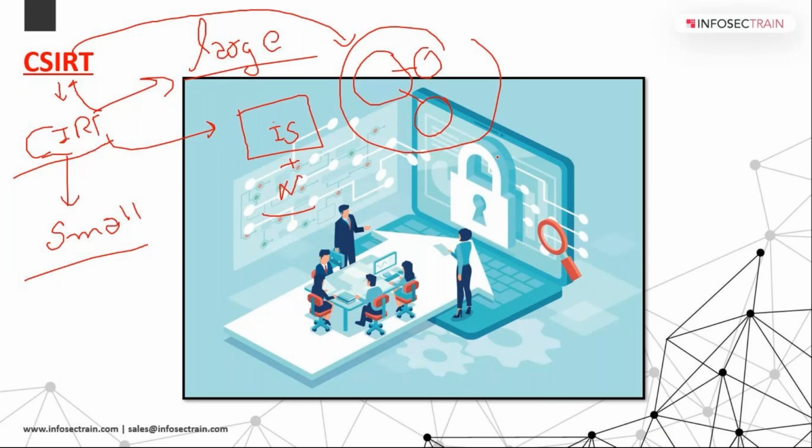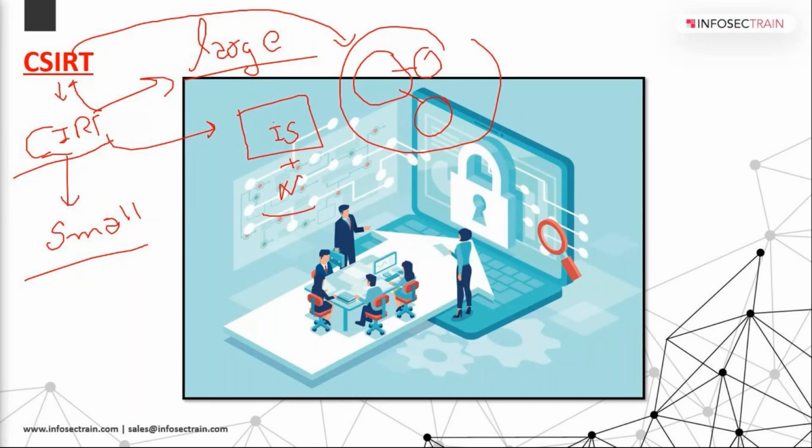In this scenario, if, for example, InfosecTrain is using CSIRT, then the incident team would not only be protecting the applications, software, and systems of the organization, but at the same time they will also be protecting the systems and applications of our clients as well, and our suppliers.